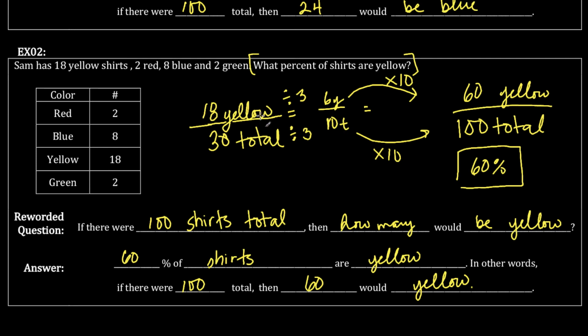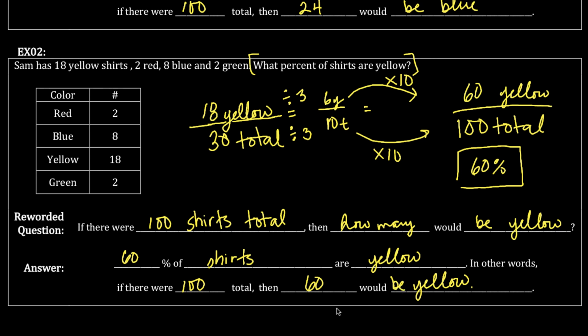I could have divided by 6, but I just thought about 3 first. 30 divided by 3 was 10, and 18 divided by 3 was 6. Then I used this 10 to get to 100 by multiplying by 10. So I got 60 yellow shirts if 100 total, which means 60% of shirts are yellow. In other words, if there were 100 total, then 60 would be yellow.